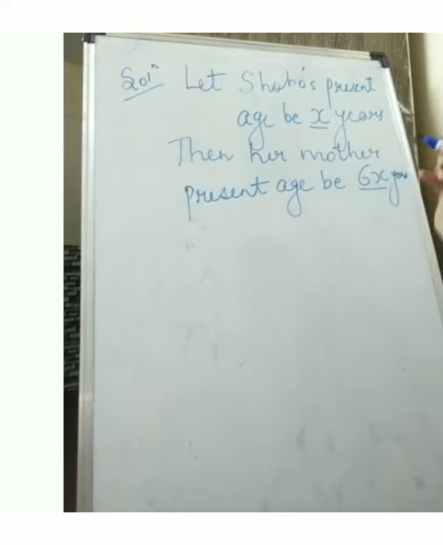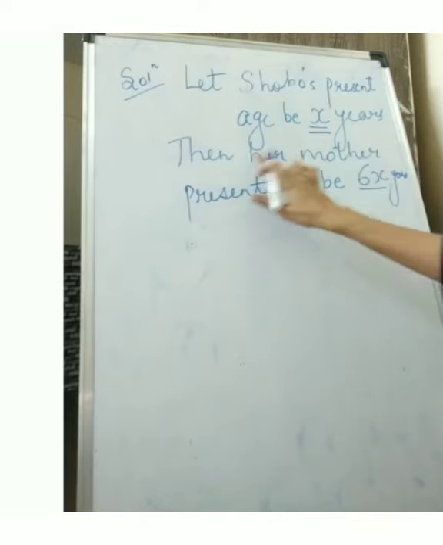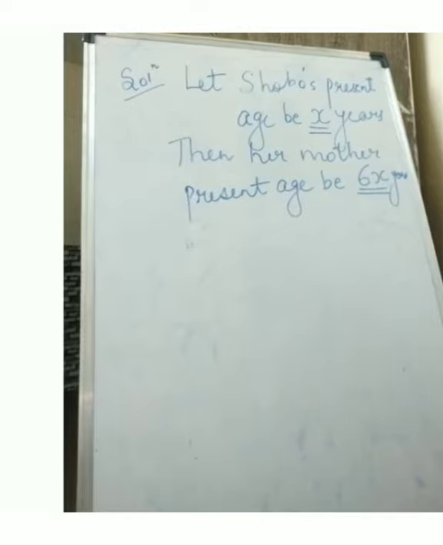Why am I writing 6x years? Because if Shobhu's present age is x years, her mother is 6 times her age. So the present age of Shobhu is x years and her mother's present age is 6x years. I hope this is clear.